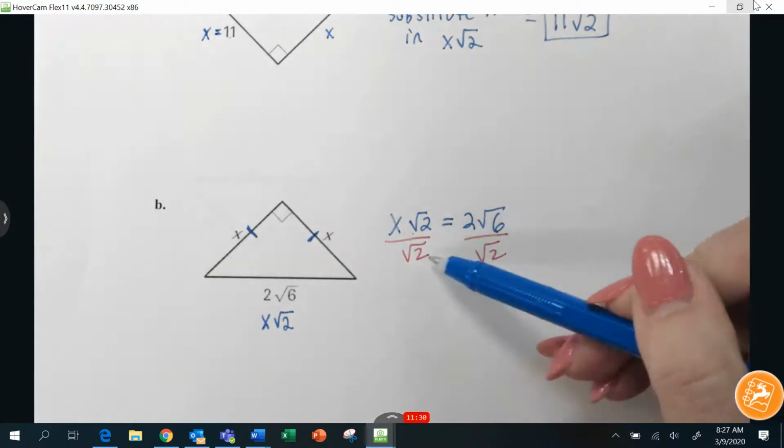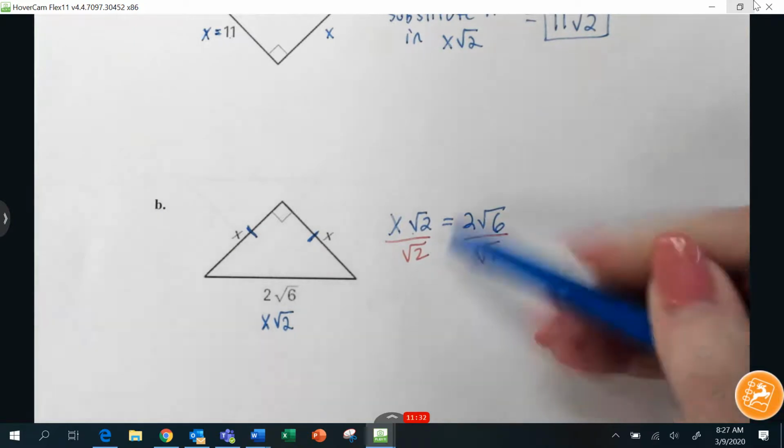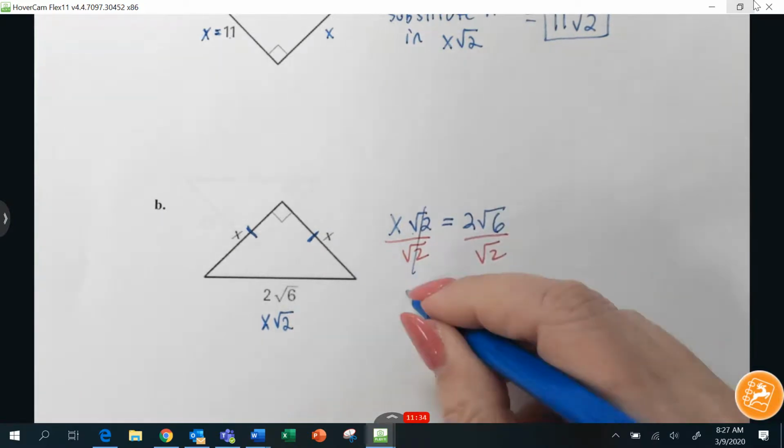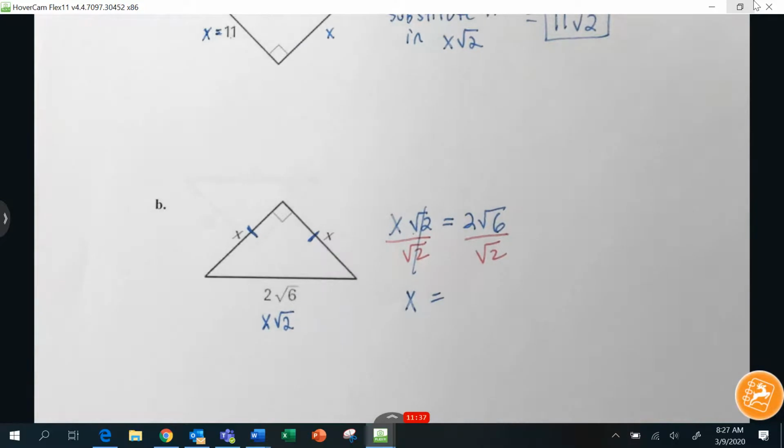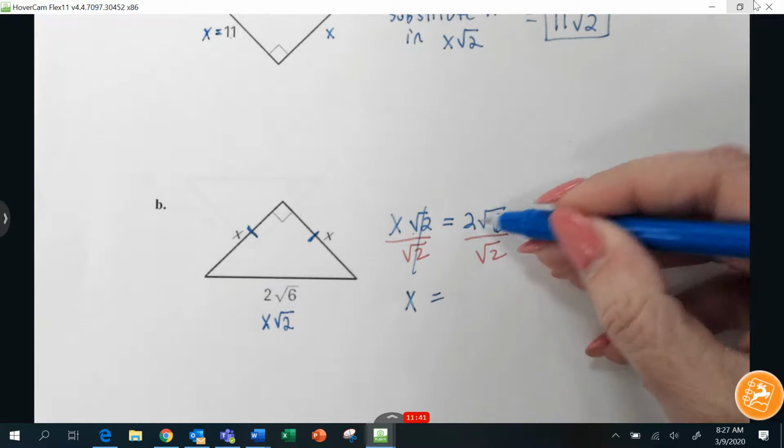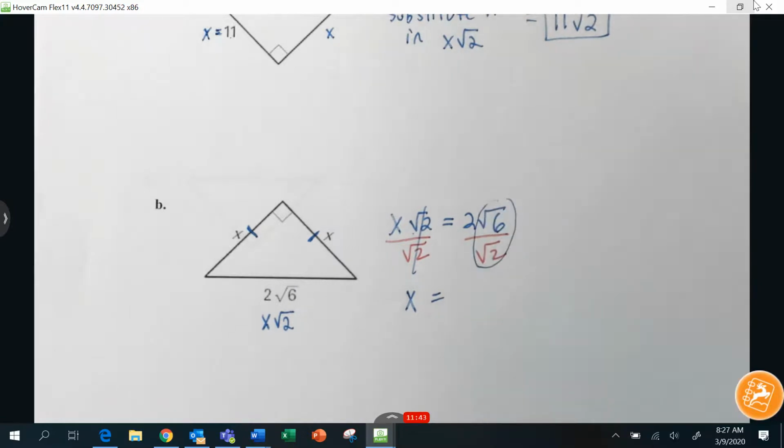Because we're undoing multiply by square root 2 and I divide by square root 2, these undo each other and we get x. On the other side, we're going to simplify this. If I take a square root of 6 and I divide by a square root of 2, they're both square roots, so you're allowed to divide them.